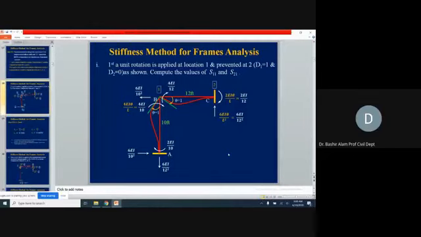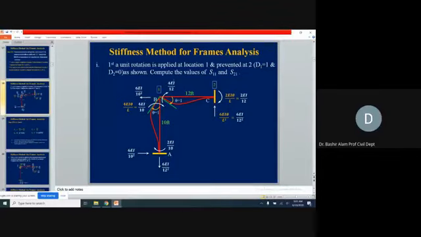Now from here, we will make the first column of the stiffness matrix as well as the first column of the AMD matrix. Let's talk about the first column of the stiffness matrix. Corresponding to D1, we should be looking for the moments. We have a clockwise moment of 4EI over 12, and a clockwise moment of 4EI over 10.